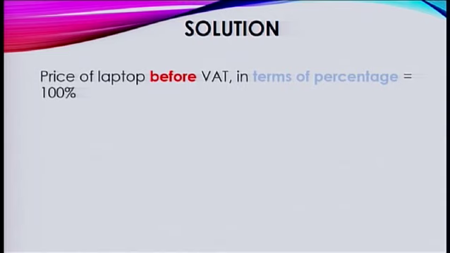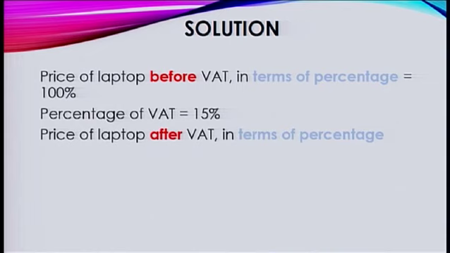So, the price of the laptop before VAT in terms of percentage is 100%, and you have a percentage rate of 15% for the VAT. So, the price of the laptop after VAT in terms of percentage is 100% plus 15%, which is 115%.